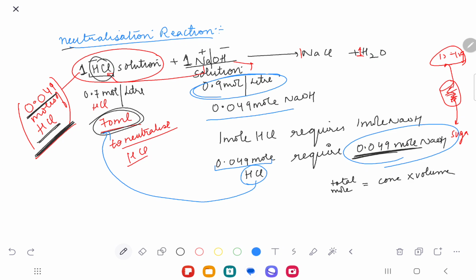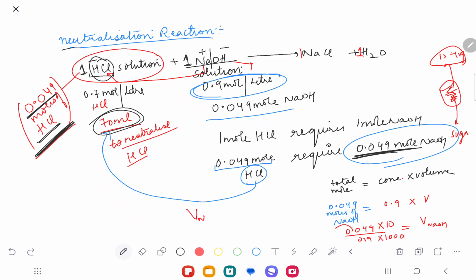So I need 0.049 moles of NaOH, and that should be equal to the concentration. The concentration is 0.9 for NaOH. I do not know the volume. So volume required for NaOH would be 0.049 over 0.9. And if I remove the decimal, I will put a 10 here. If I remove this decimal, I will put 1,000 here.